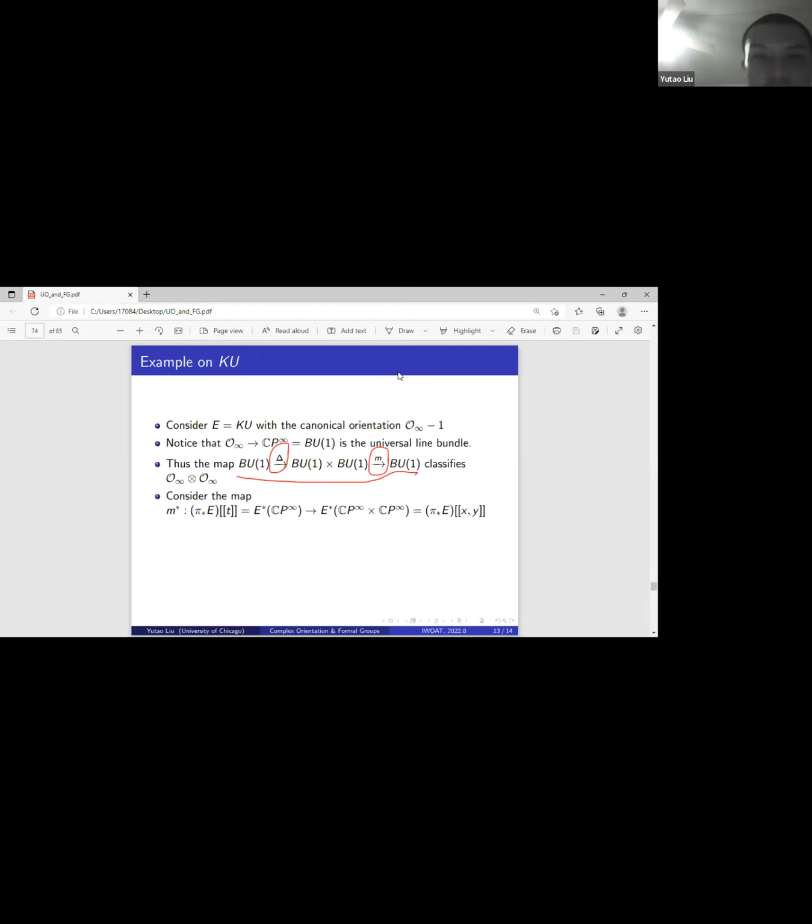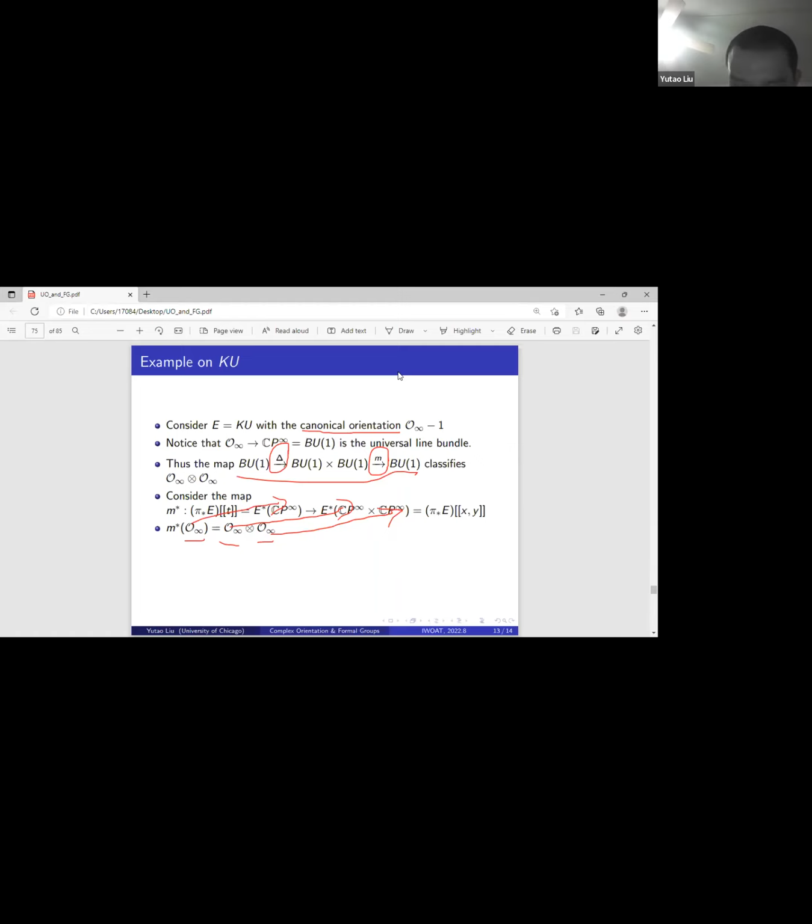So now if you consider the map which defines the formal group, the tautological bundle will be sent to the tensor product of two copies of itself. Here the three tautological bundles are over the three different copies of CP infinity inside this equation, and you choose the canonical orientation, which is T, X, and Y, to be the tautological bundle minus 1.